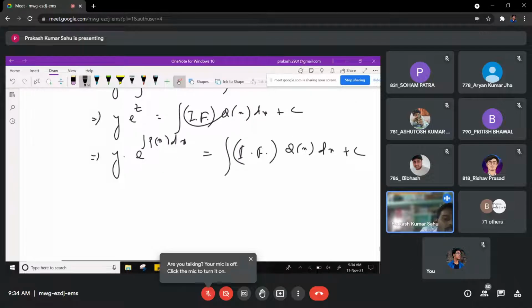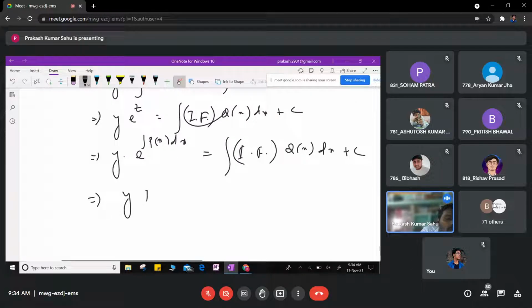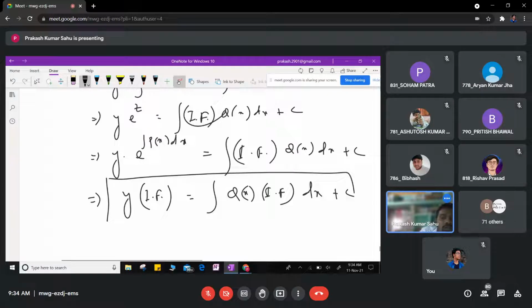Okay, so this is y into integrating factor is equal to integration of qx into integrating factor dx plus c. So this is your solution. Understood?